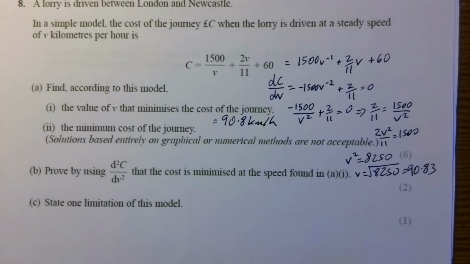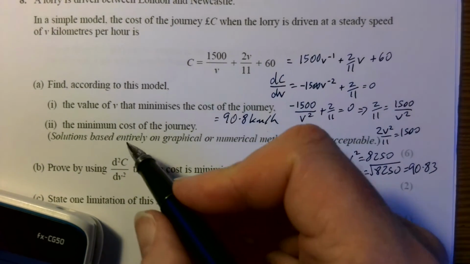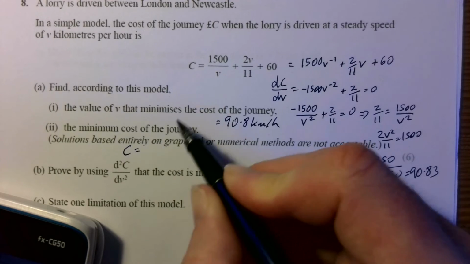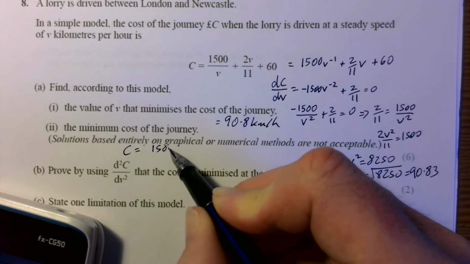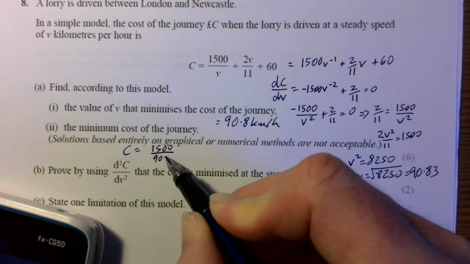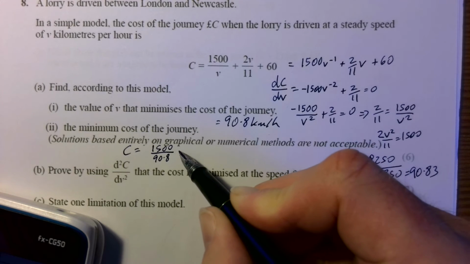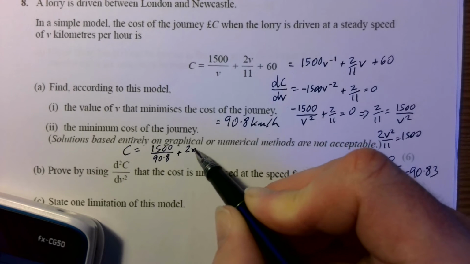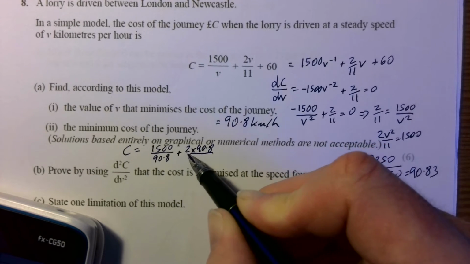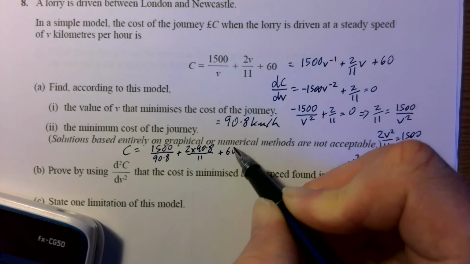And the minimum cost of the journey is going to be the cost when we use that value. And we can get it exact by remembering that we've got the answer in here already. So the cost is going to be 1500 divided by 90.8, but I'm just going to put answer in here when I do it, plus 2 times 90.8 over 11 plus 60.